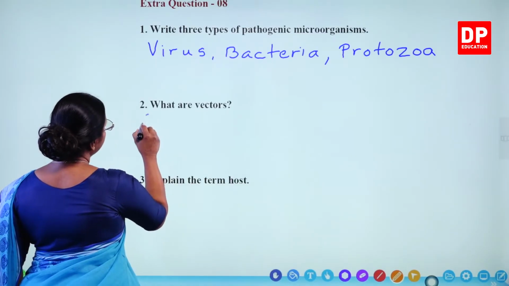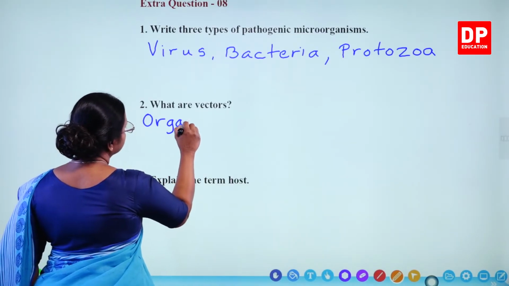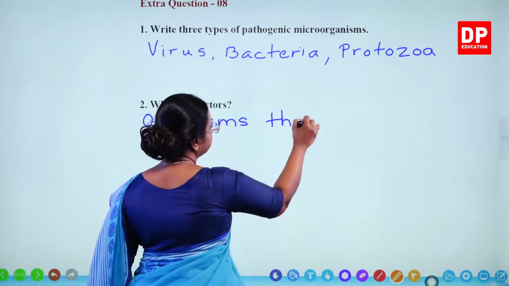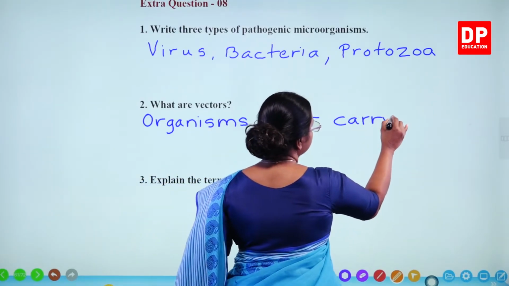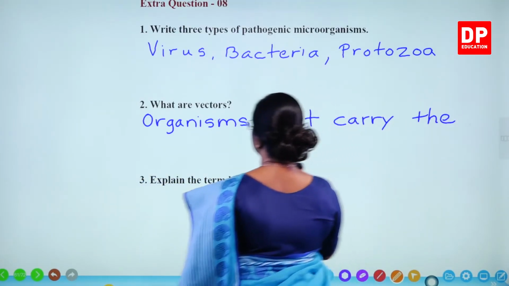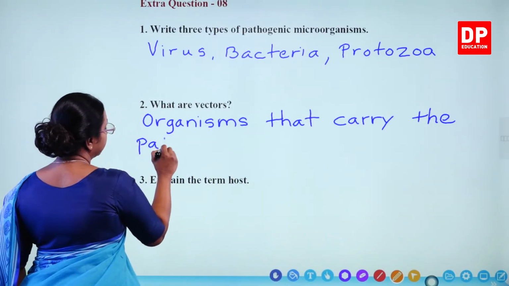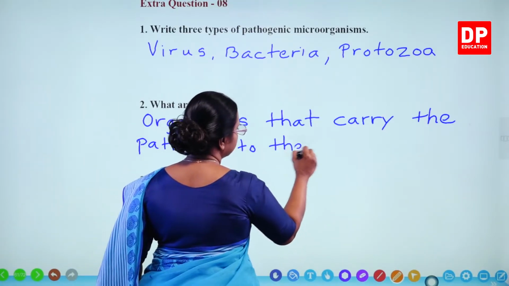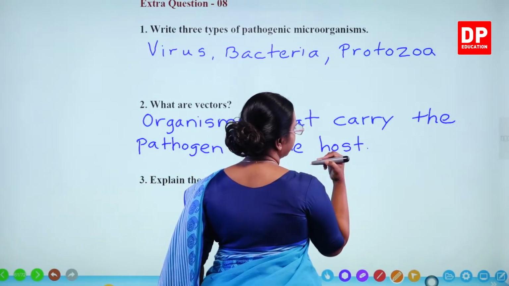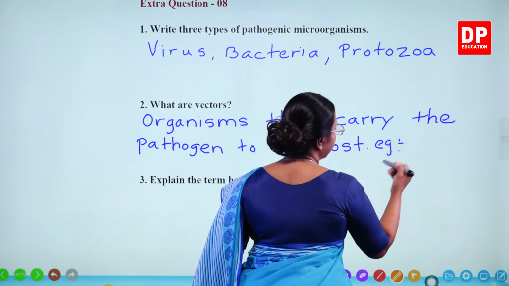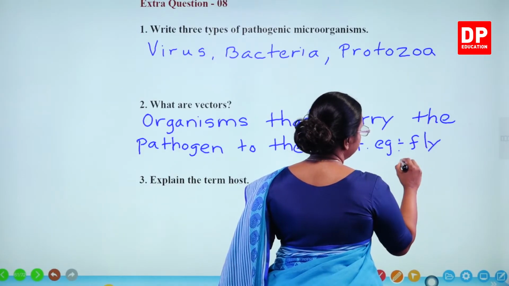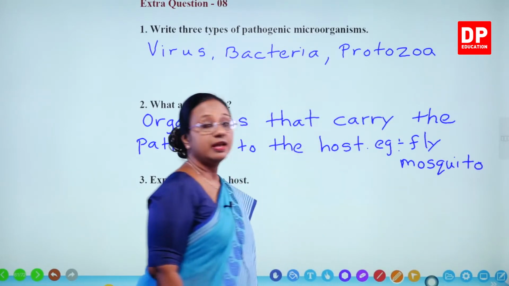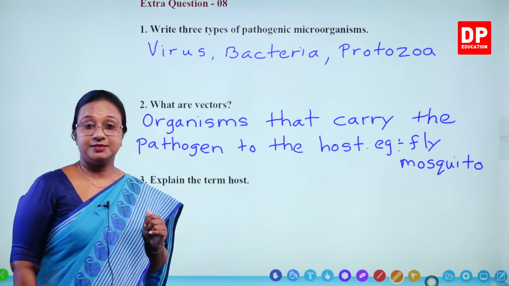So here we can say organisms that carry the pathogen to the host. So if you like, you can also write examples: fly, mosquito. Those are examples of vectors.